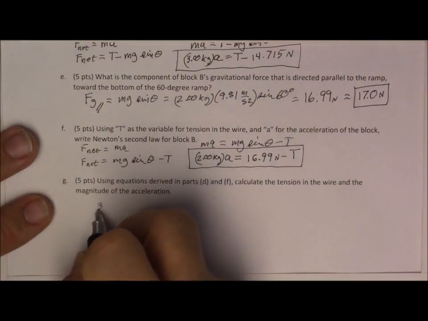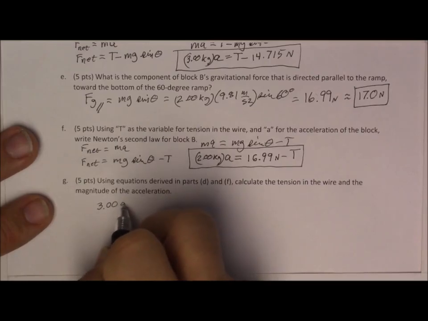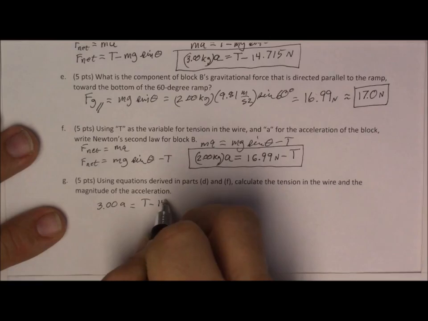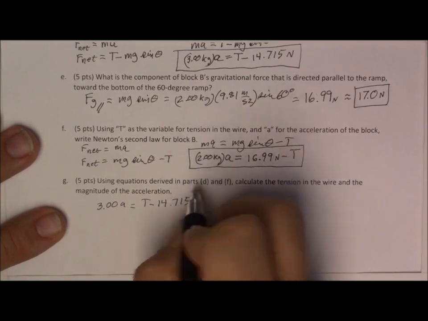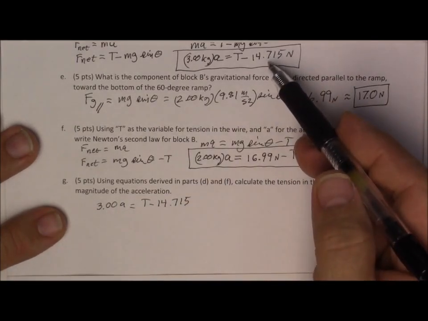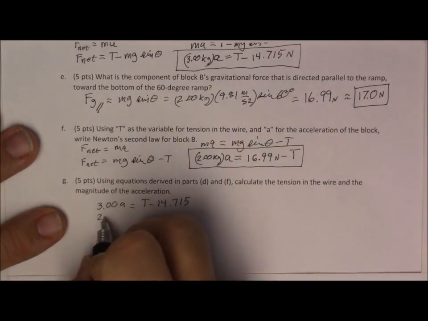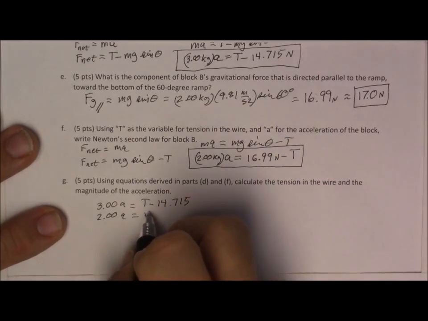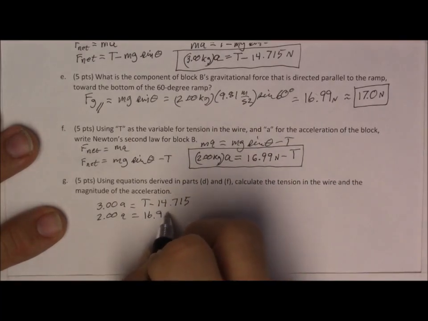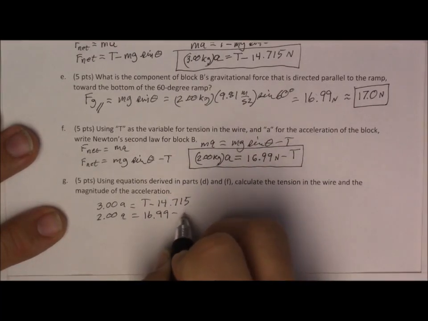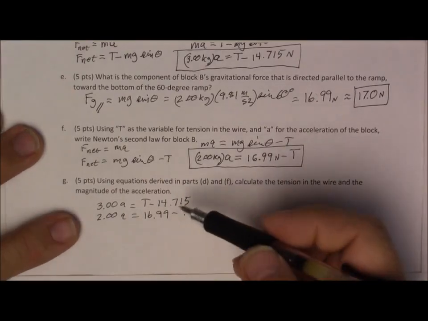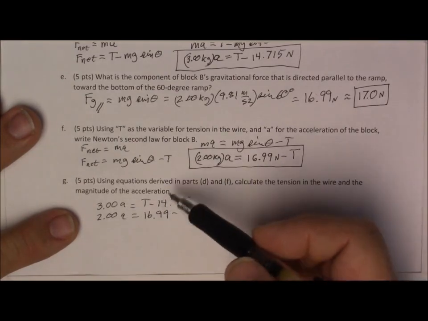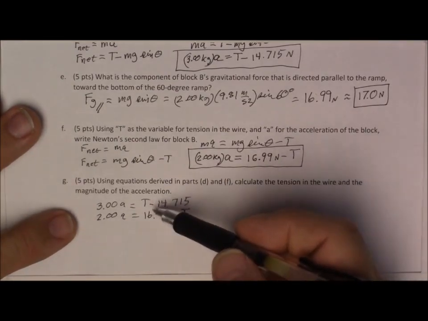So we'll have 3.00a equals T minus 14.715. That's this equation. This equation, 2.00a equals 16.99 minus T. Well, that looks like a system of equations. Two equations with two unknowns. The unknowns are a and T.